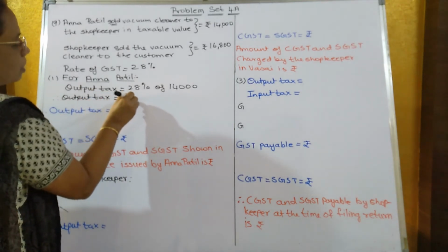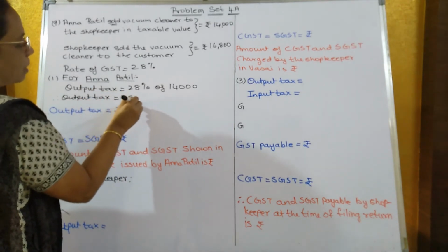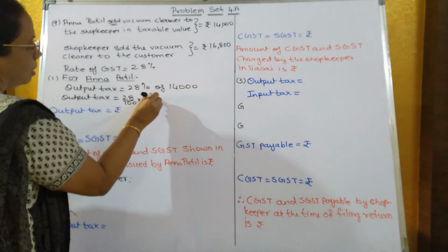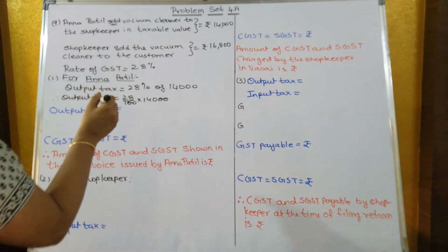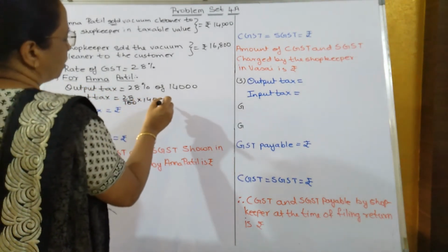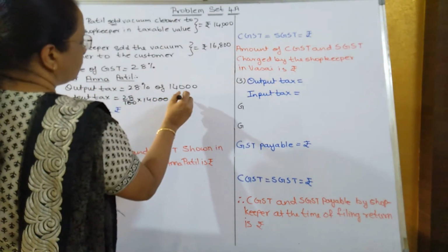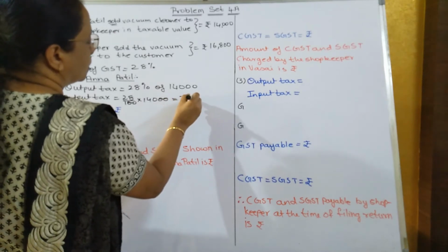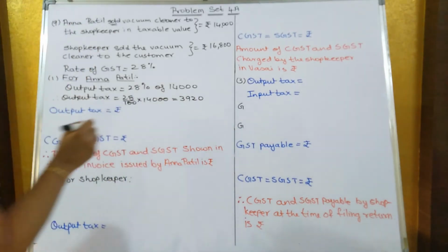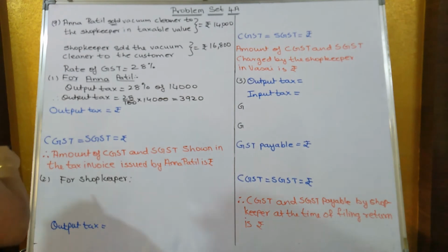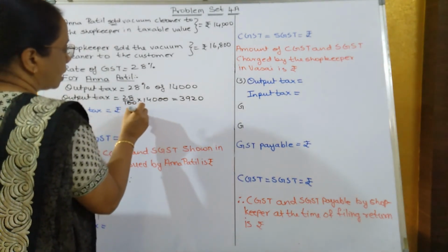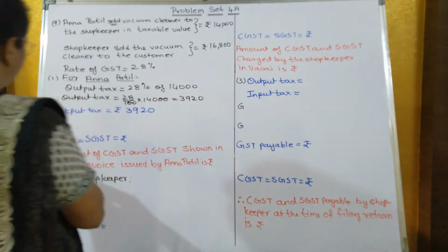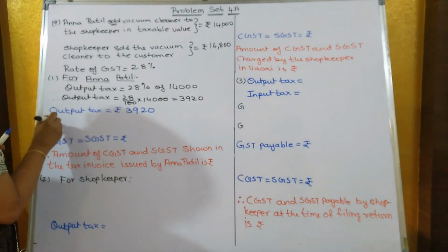Is equal to 28 upon 100 into 14,000. Two zeros will get cancelled. So 28 into 140 is equal to how much? 3,920. So output tax is equal to how much? Rupees 3,920. What is CGST and SGST?